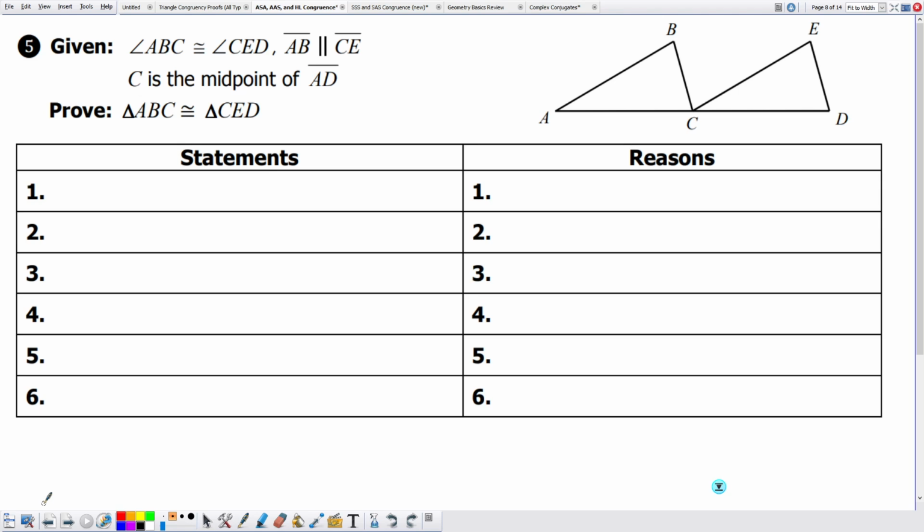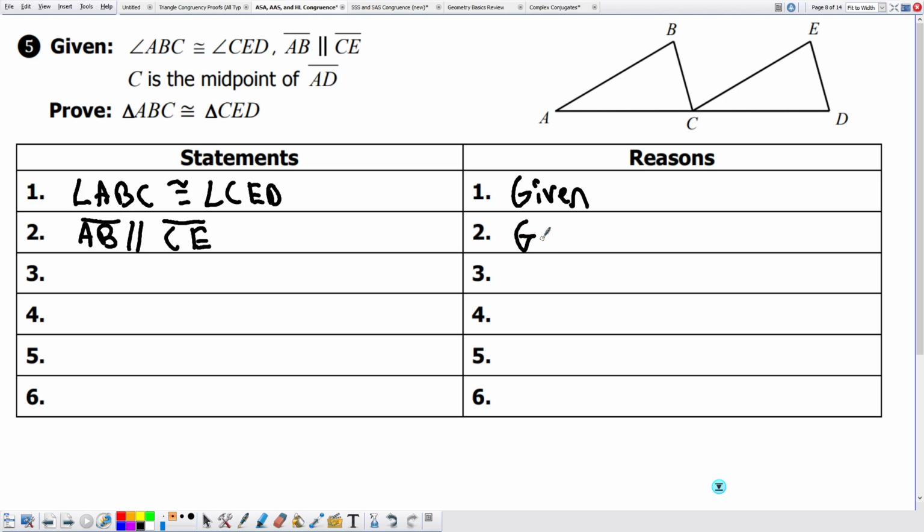Now let's look at one more. Given the fact that angle ABC is congruent with angle CED, that's a given. And given that AB is parallel with CE, that's another given.